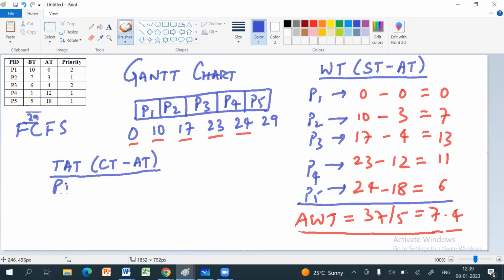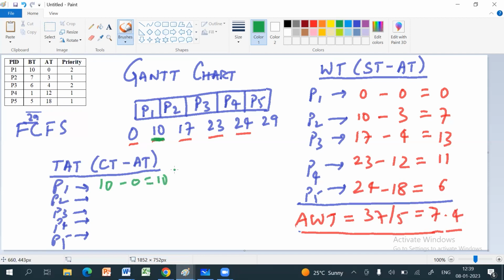So for each of these processes P1, P2, P3, P4 and P5, we will now compute the turnaround times using the formula completion time minus the arrival time. Okay, so P1 has completed at 10, so 10 minus its arrival time, which is 0, equal to 10.